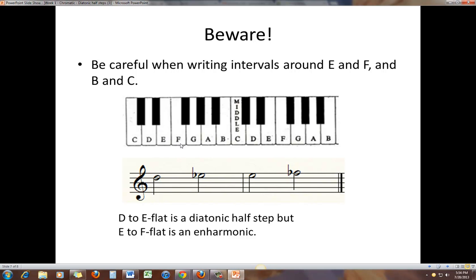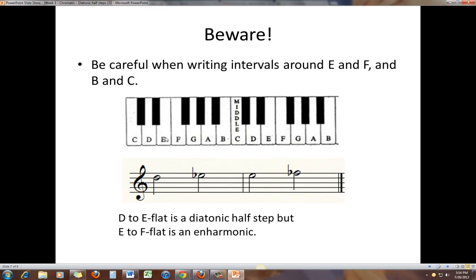The area between E and F and between B and C, the two spots on the keyboard where there's no black key, causes trouble over and over again because people make assumptions. So D to E flat is a diatonic half step.